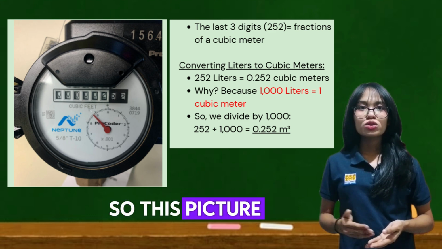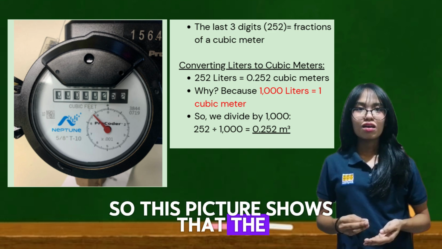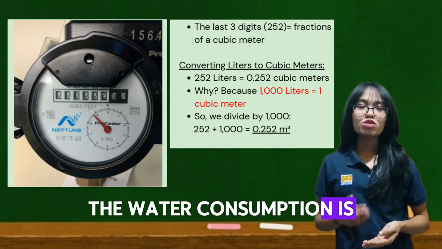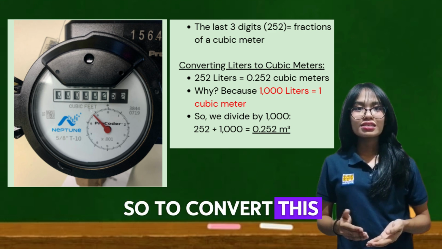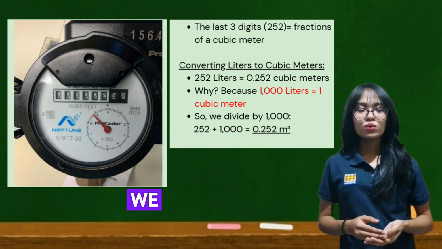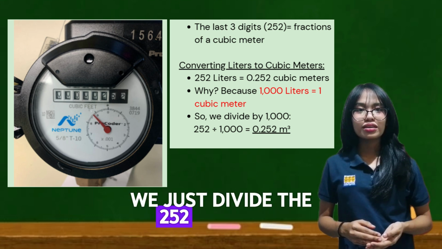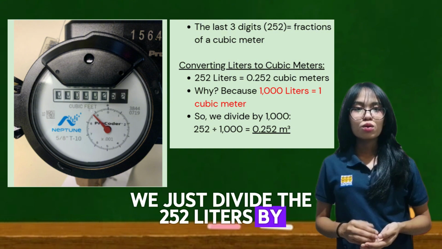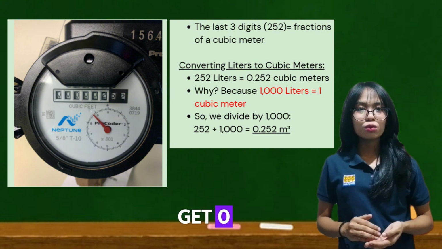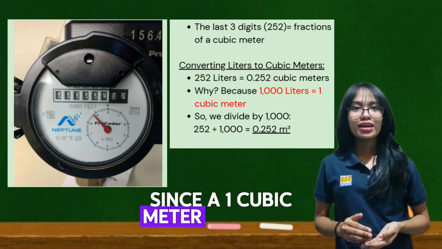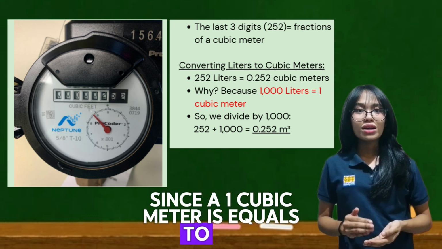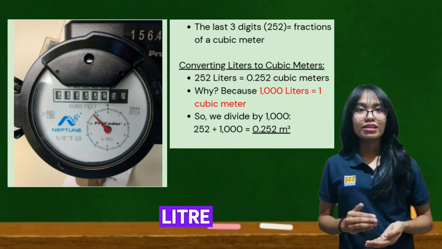So this picture shows that the water consumption is 252 liters. To convert this into cubic meters, we just divide the 252 liters by 1,000 to get 0.252, since 1 cubic meter is equal to 1,000 liters.